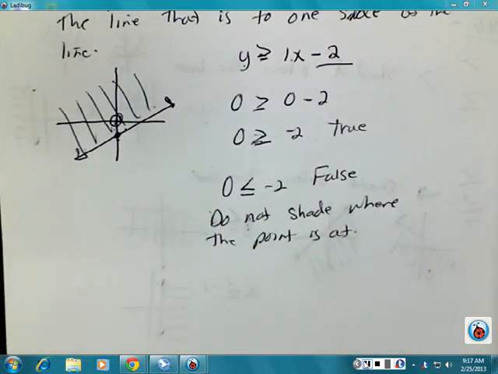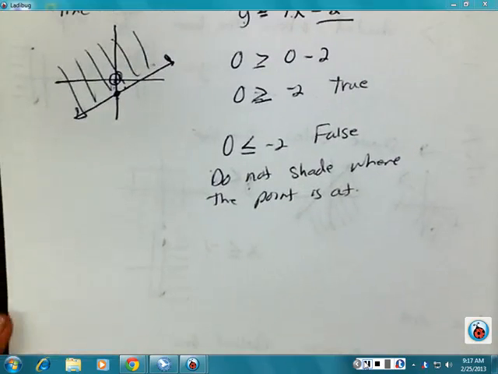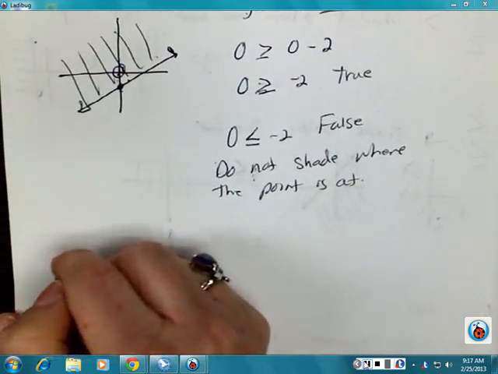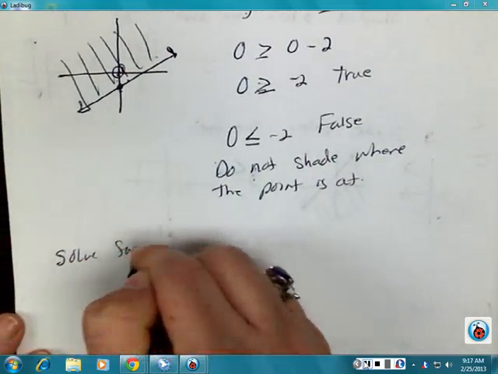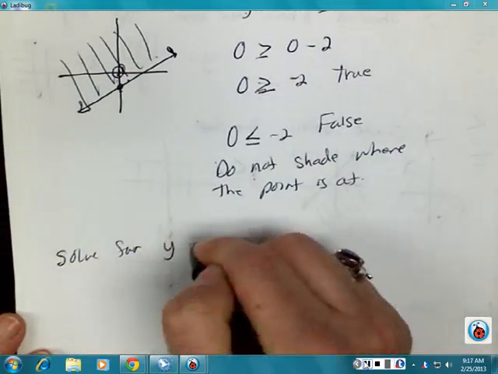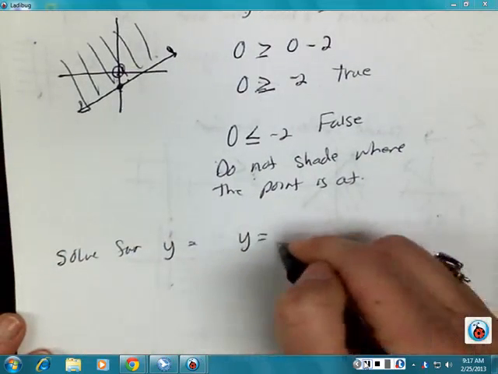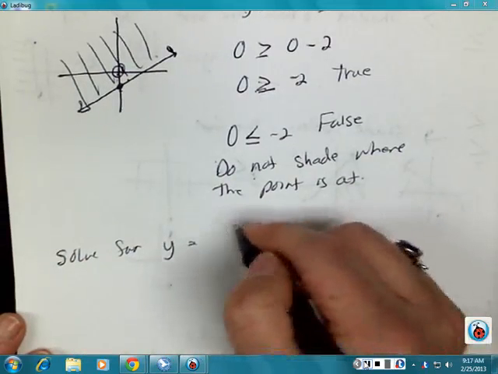Okay, make sense? Okay. On your graphing calculator, you're going to solve the equation for y, because then in your graphing calculator you can use your y equals and put in your equation.